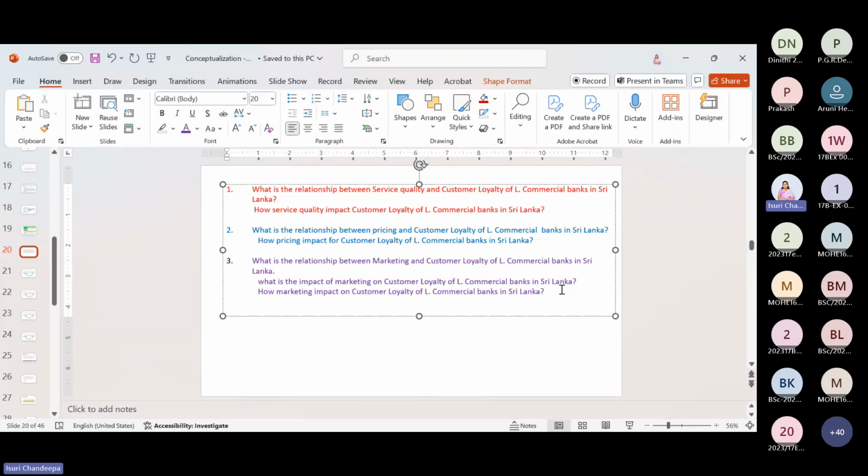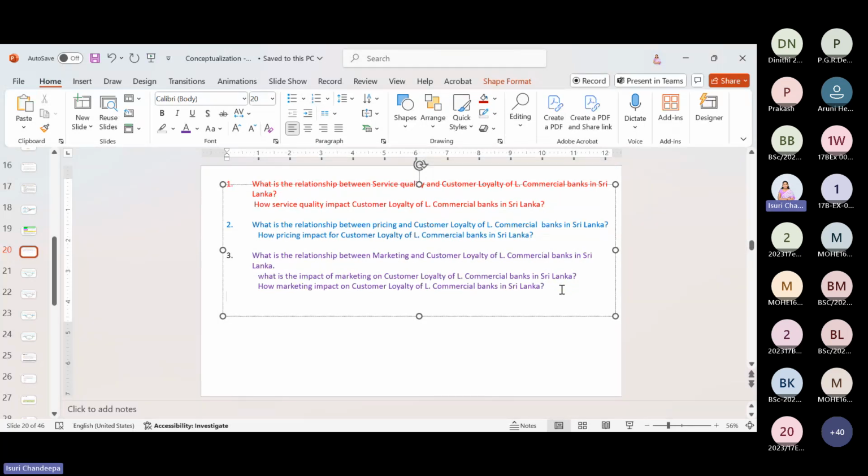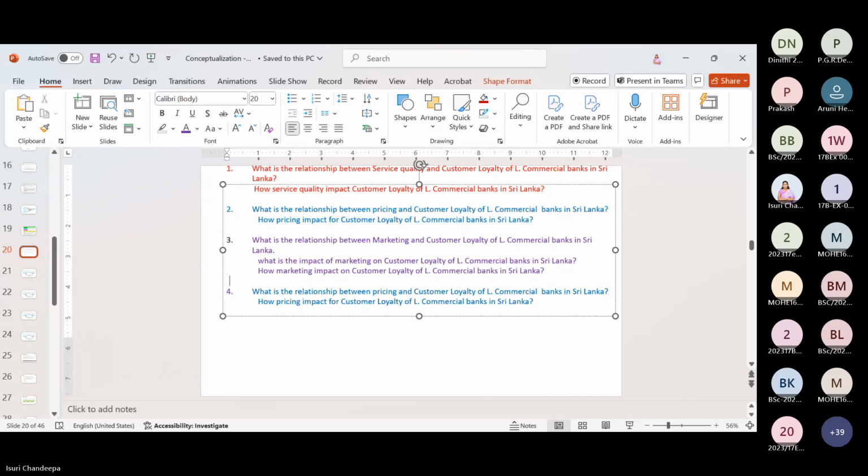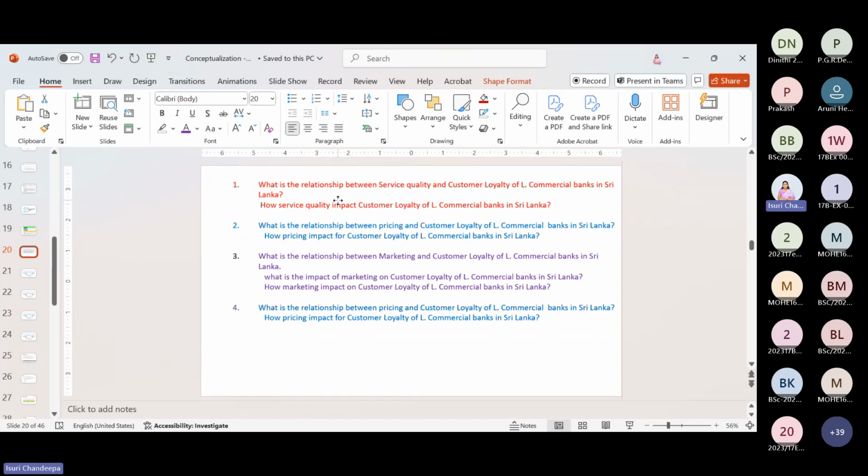The last question is regarding the fourth variable, the physical environment. So how can you write it? We'll start with the relationship.